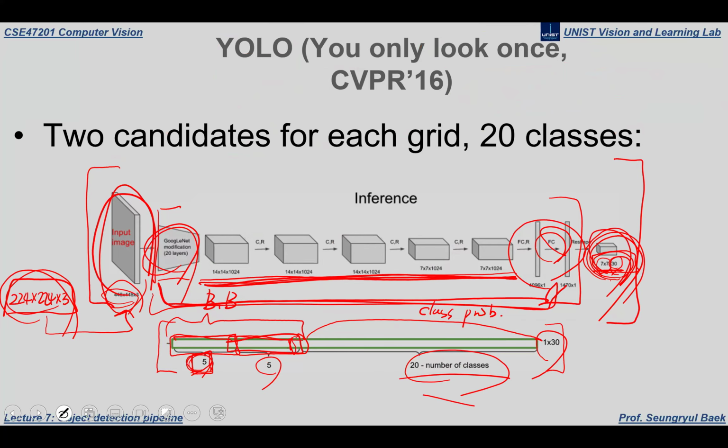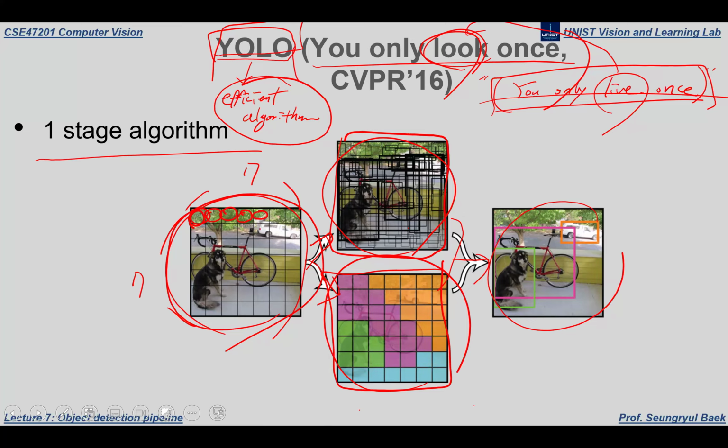The figure is also denoting that. These are 2 bounding boxes. They want to estimate 2 bounding boxes for each region, each grid cell, and then estimate a 20-class probability for each grid cell.